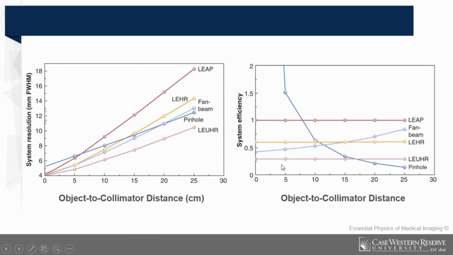Efficiency is mostly fine for different collimators in terms of the distance between the collimator and the object. The only exception is the pinhole. As I said, if you pull it away, you get a much larger amplification of small objects. But you really cannot do this, because when you pull it away, the sensitivity, the efficiency, goes down dramatically.